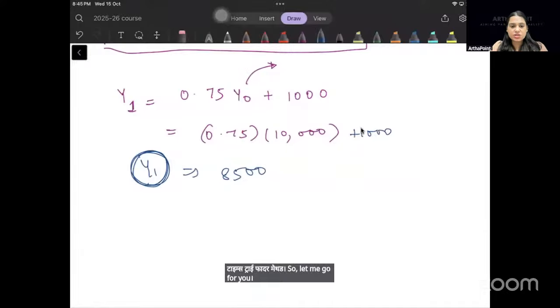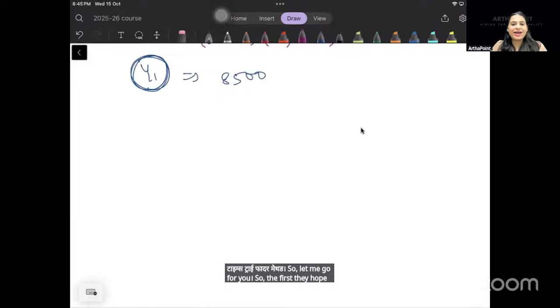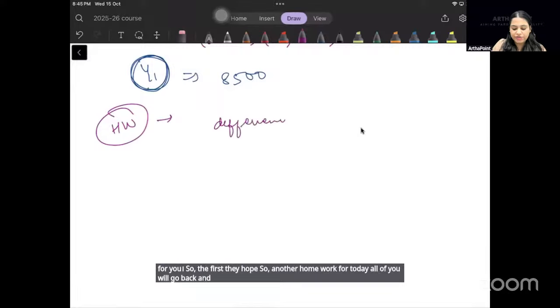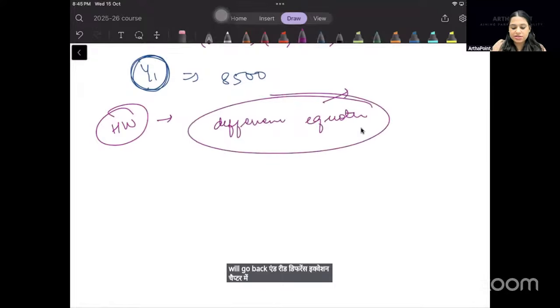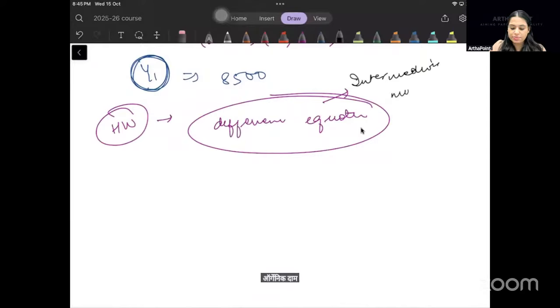So, dekho, another homework for today. All of you will go back and read difference equation chapter from intermediate maths. I have given you different forms there. First order में क्या होता है, second order में क्या होता है. Only first order is asked in exam. So from intermediate maths.